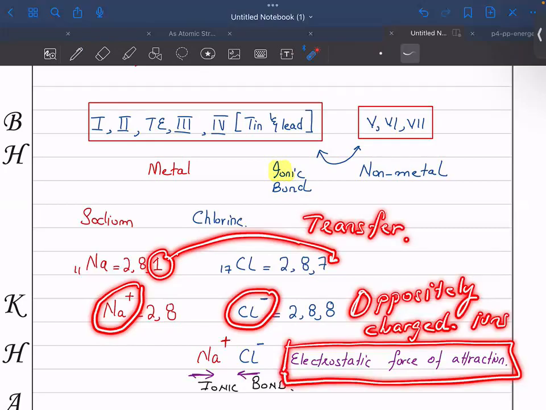सर इसके लिए हमें इलेक्ट्रॉनिक कॉन्फ़िगरेशन याद करनी पड़ेगी ना? नहीं, you should know how to make the electronic configuration. There is no need to learn electronic configuration. अभी तो हमने स्टार्ट किया है ना.